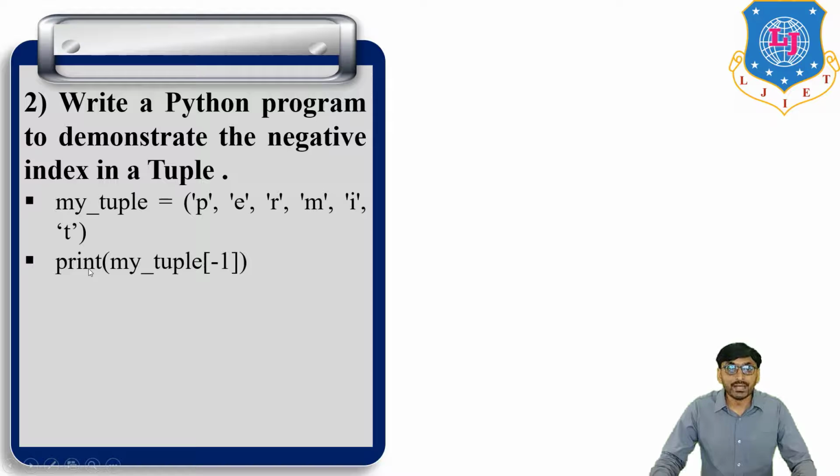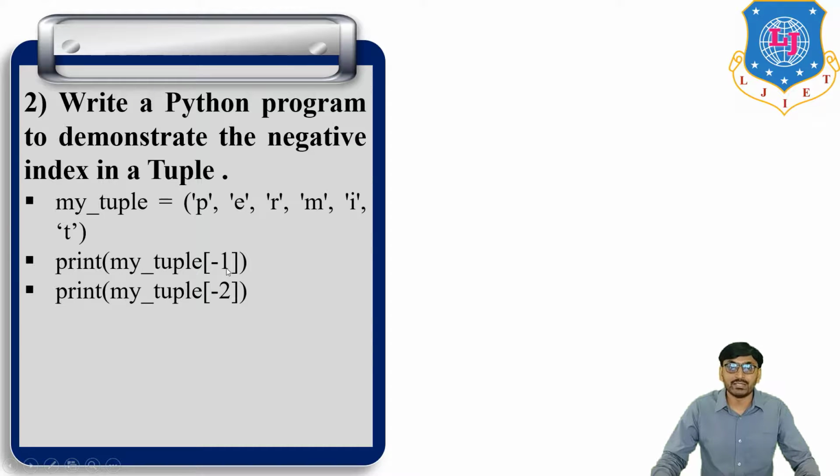Now print my_tuple, that is the tuple name, and in square brackets -1. -1 means the last element of the tuple, because we know that negative indexing starts from right to left. So the last element of the tuple has index -1. Okay. Then print my_tuple in square brackets -2.